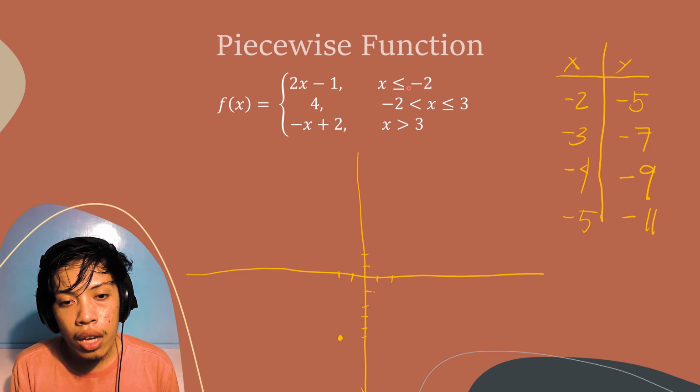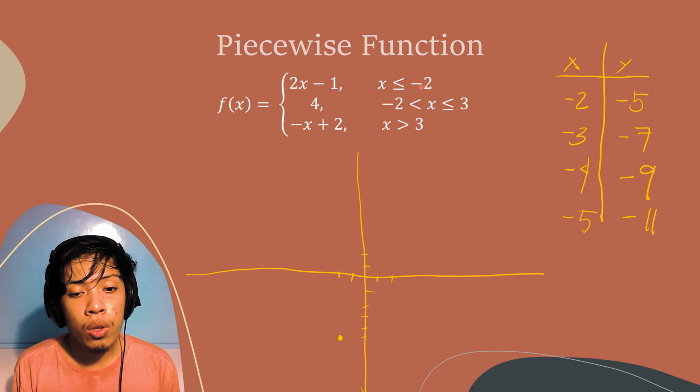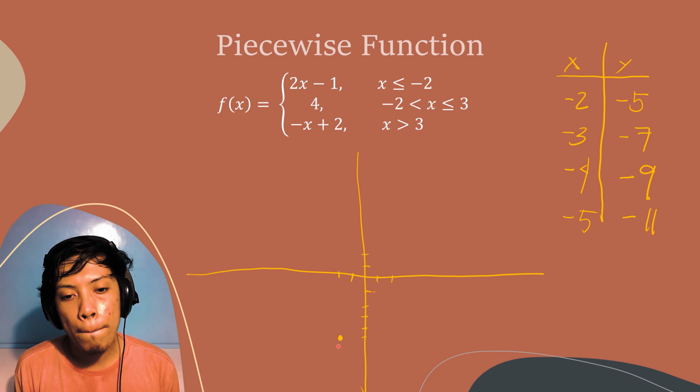Take note, x is less than or equal to negative 2, meaning the negative 2 here is included. That's why I used a solid dot. If the condition were just x less than negative 2, then the dot should be hollow, not solid. But since it is x less than or equal to negative 2, then it is a solid dot.